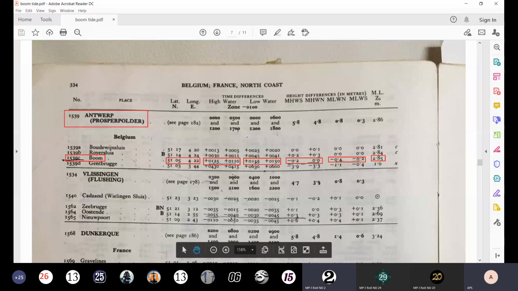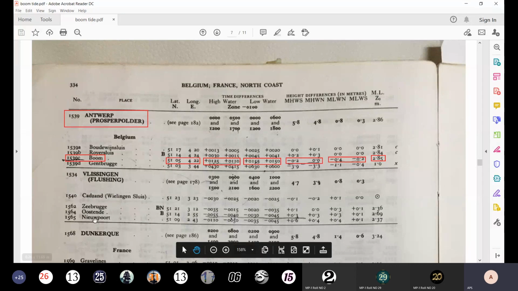Yes, sir. To start converting that data now, high water time. So first data is low water, 0131.